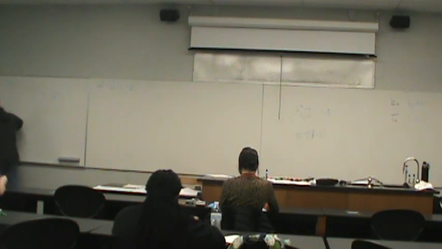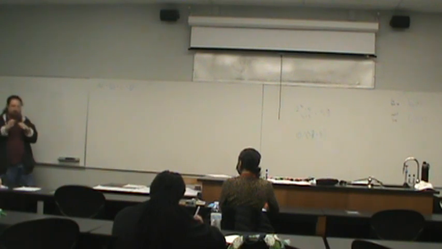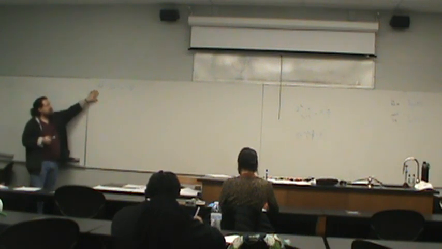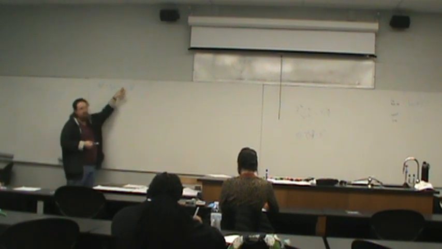I'm going to erase 21 just to leave a little more room for 17, because this is going to take a lot of space. So our eventual goal is to arrive here. We want all the d's on one side. One of those is going to have a d squared, one's going to have a normal d, one's not going to have a d at all.